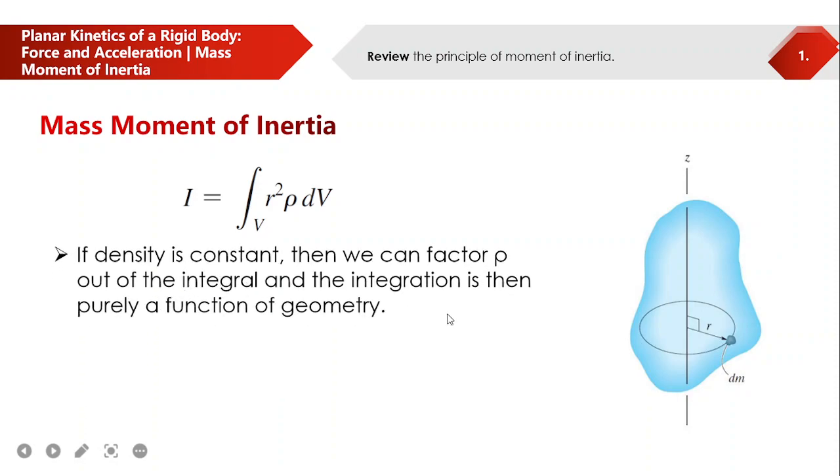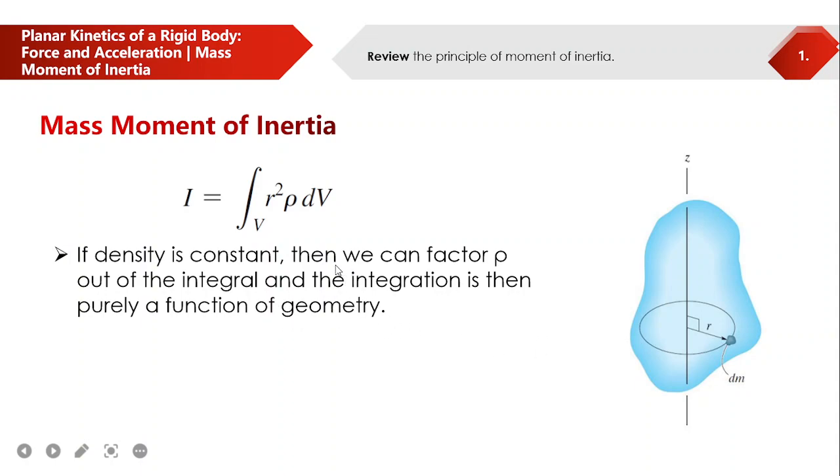So if the density is constant, then we can factor rho out of the integral, and the integration is then purely a function of geometry. Kasi nga, length ang R, length din yung volume or area. Okay, so yeah, we're involving geometry like this.